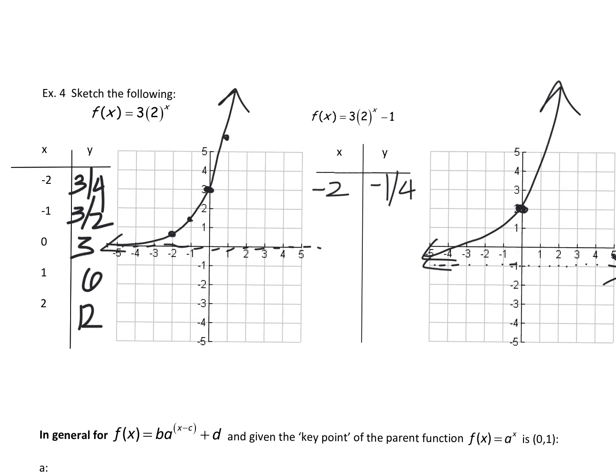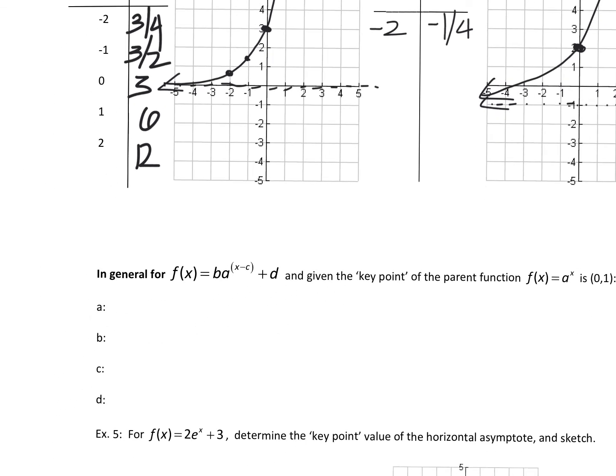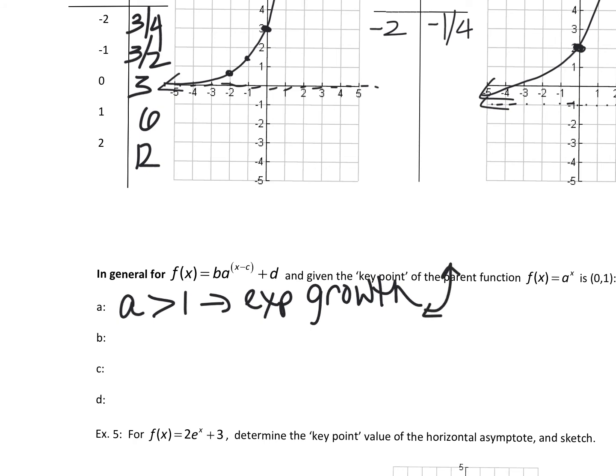So yeah, how can we utilize this to help us figure out what A, B, C, and D do? Well, first off, A is our base. When A is greater than 1, we know we have exponential growth, and therefore generally when we sketch we're going to have this sort of behavior.